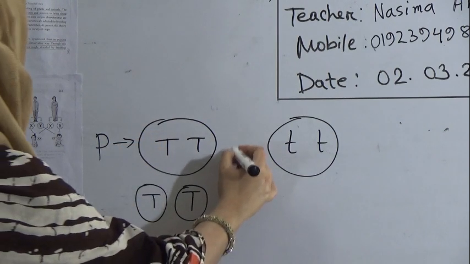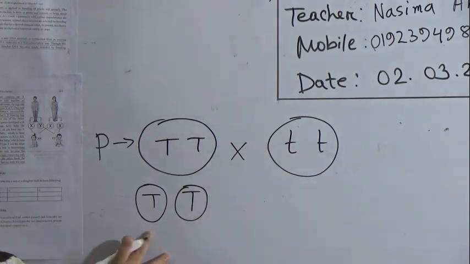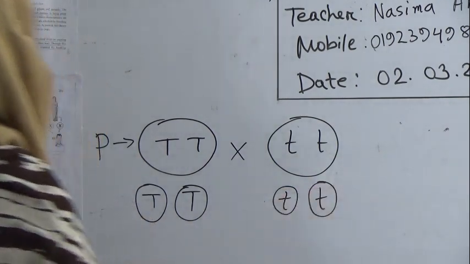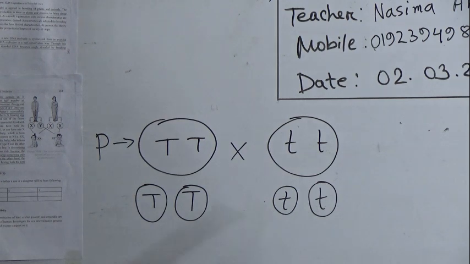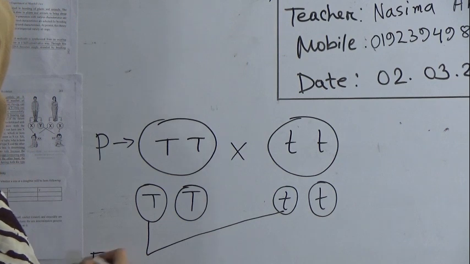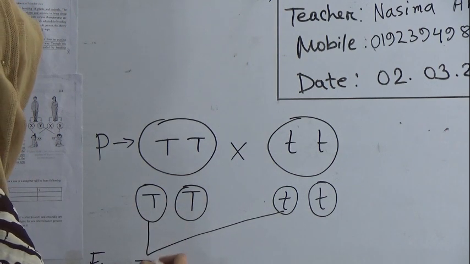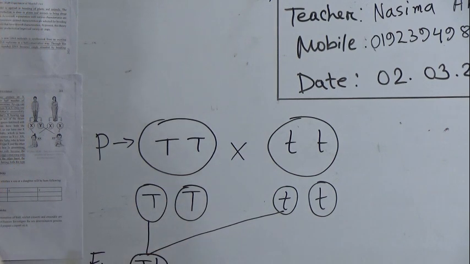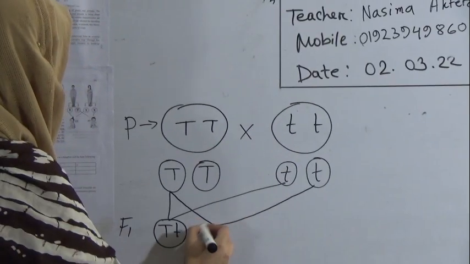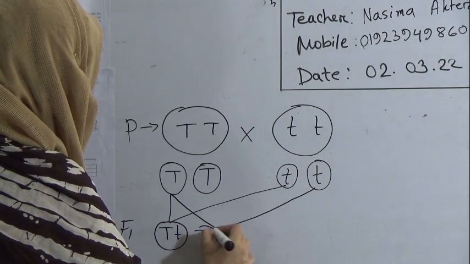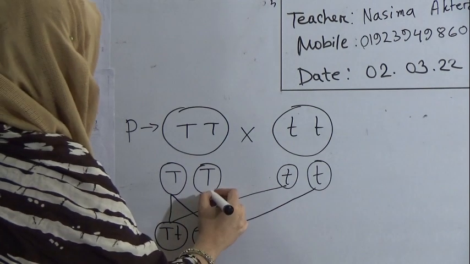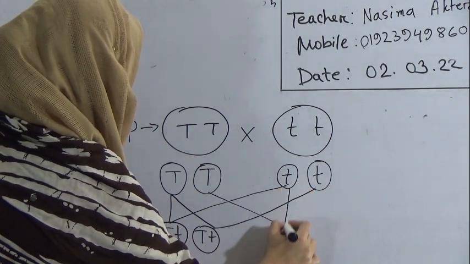If we cross them, we will get two types of gametes, and here is small t, they are recessive. If we cross them, then we will find in the F1 generation one capital T and another small t, and again if it is crossed, it will be capital T and small t, and it will show the tall characteristic.